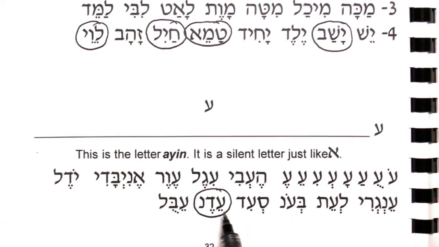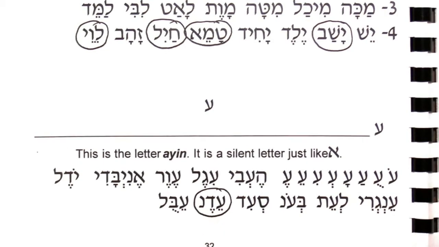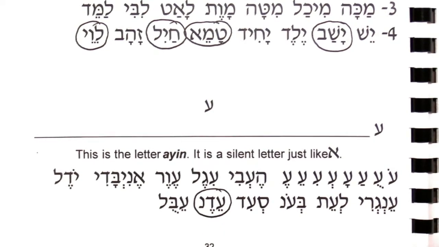Seed. Aden. Able. Aden. Aden is Eden. The Garden of Eden in Hebrew is Gan Eden, and that is how the word Eden is spelled.